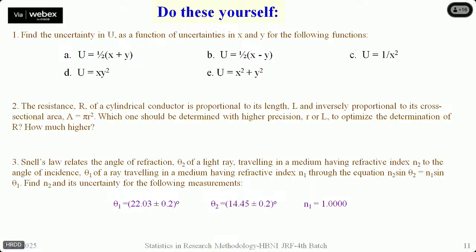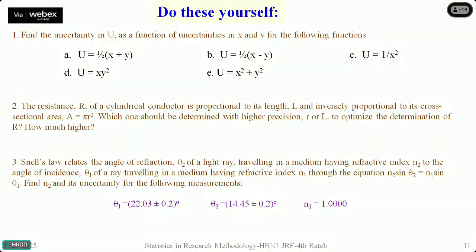And the second question is similar to whatever we have done in the class. We just did the calculation of the area of a rectangle, and from that we concluded we have to be more precise while measuring the width of the rectangle, which is smaller. Here again you can see that the resistance is a function of the length of the wire and the cross-sectional area. Which part of the measurement should you focus upon to improve the data?